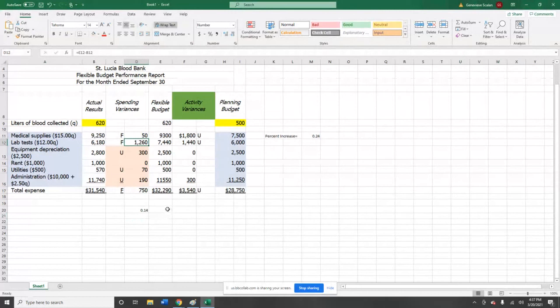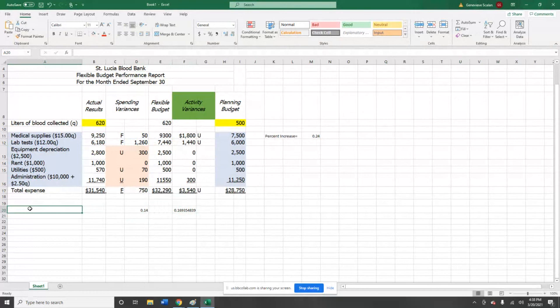This variance, though, that's kind of a big variance. When you think about 1260 divided by what we predicted, that's a 17% variance, which is a lot for 1 month. 17% in a month. If you annualize that, that's a lot, right?